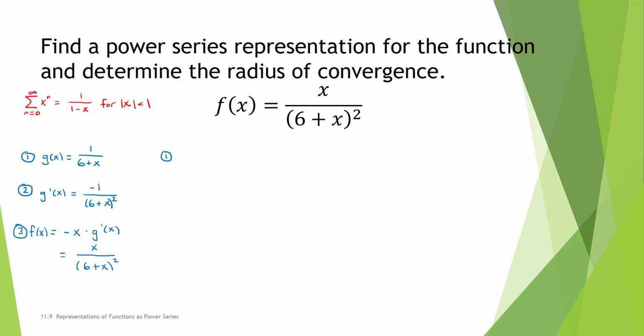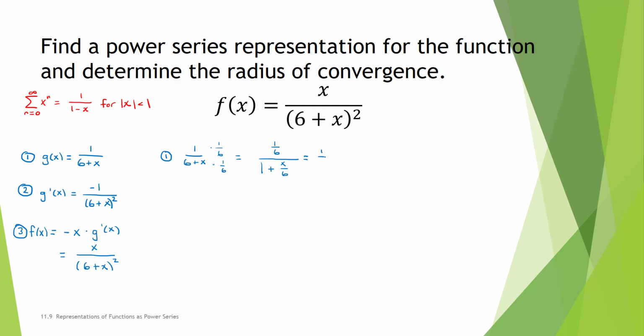So for step 1, I'm looking at 1 divided by 6 plus x, and I'm rewriting it so that the denominator has the form 1 minus an expression. So I'm going to multiply the top and bottom of this fraction by 1/6. That gives us 1/6 divided by 1 plus x divided by 6.